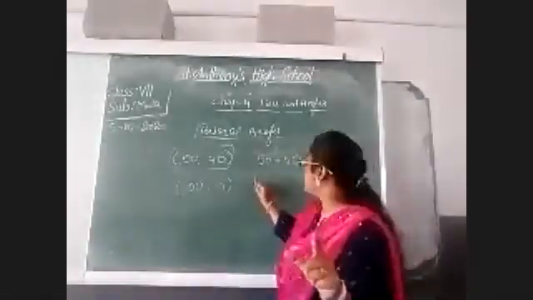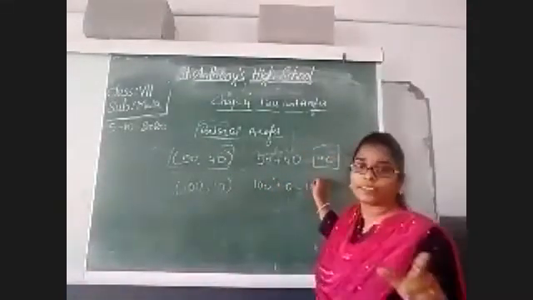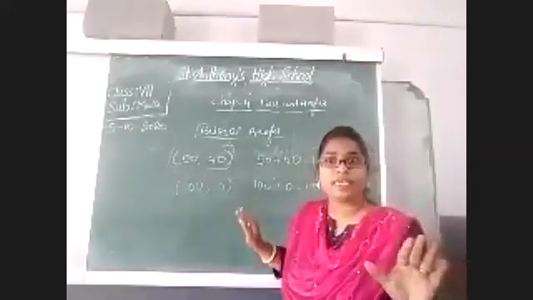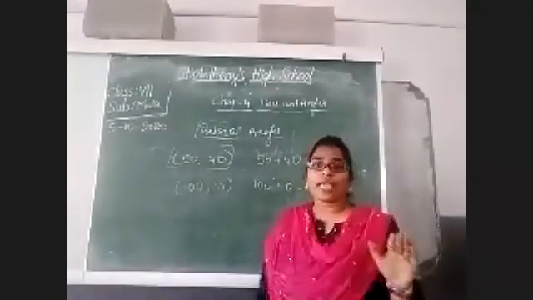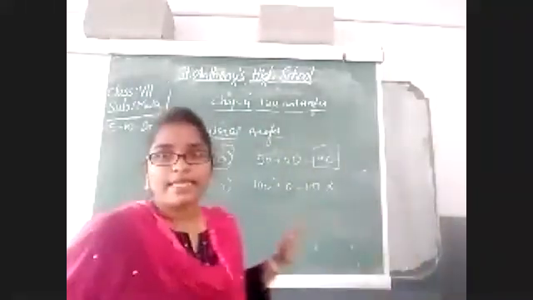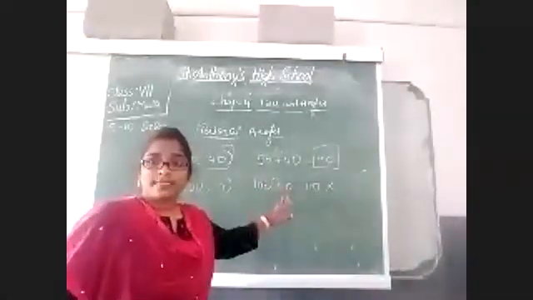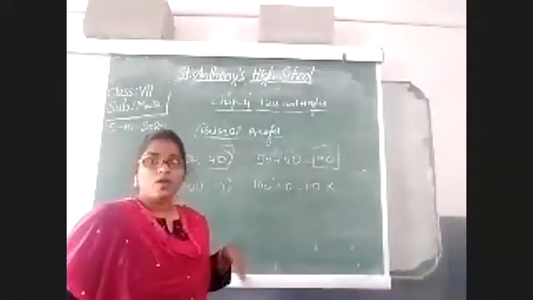So if we add 100 plus 10, the sum is equal to 110, not 90. So these angles are not said to be complementary angles. Are you clear now?